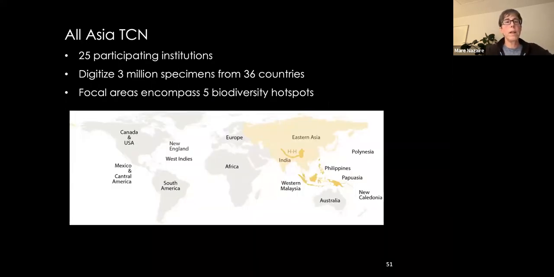There are 25 participating institutions. Harvard is the lead institution on this TCN, with the goal of digitizing 3 million specimens from 36 countries.